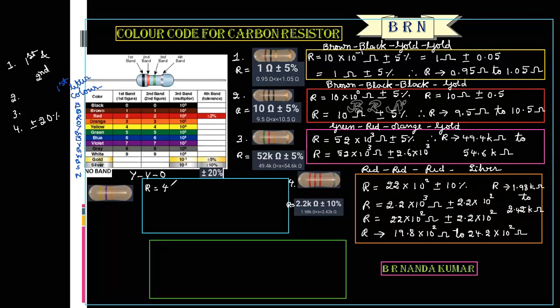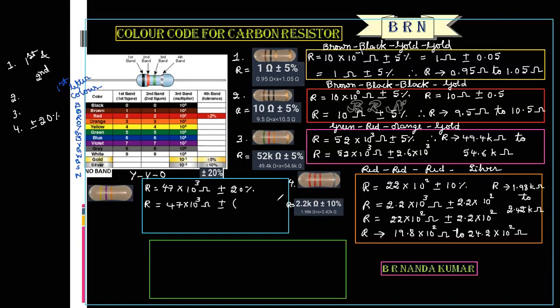Violet means 7. So 47, into the multiplier. The color of the third band indicates the multiplier. Orange means the multiplier is 10 power 3. So 47 into 10 power 3 ohm plus or minus 20%.